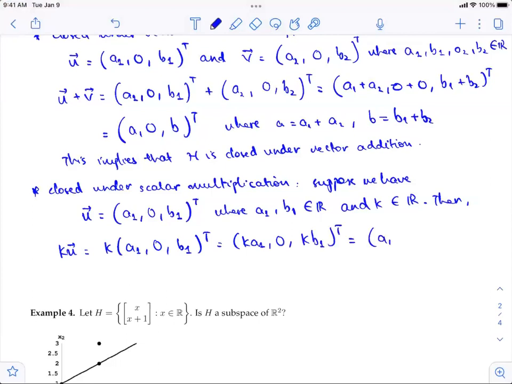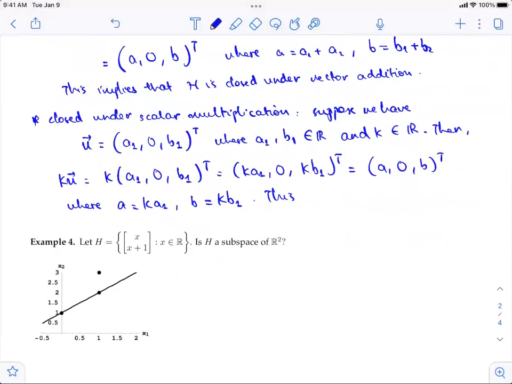This is equal to a, 0, b transpose, where a equals k times a1 and b equals k times b1. And a and b are just real numbers. So this shows that the subset H is closed under scalar multiplication as well.